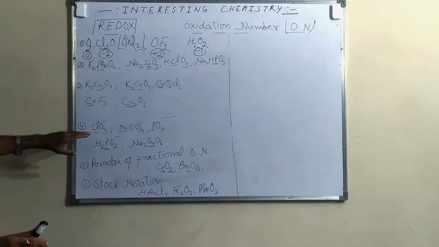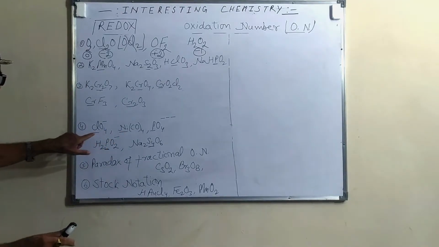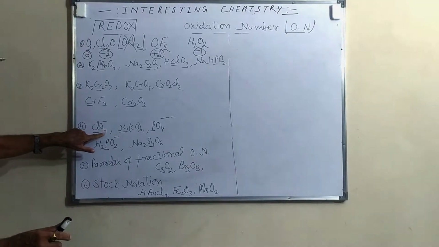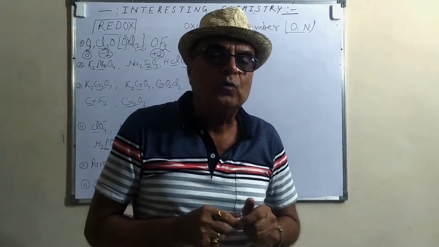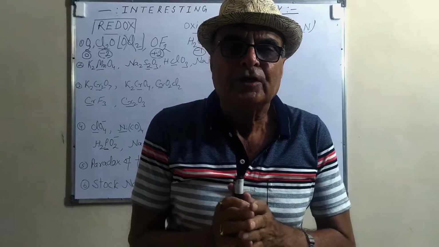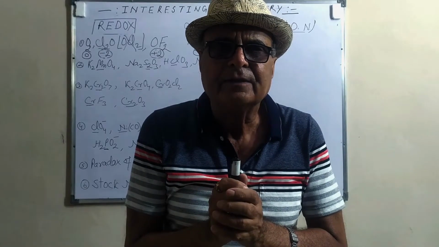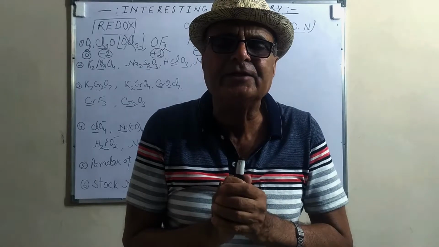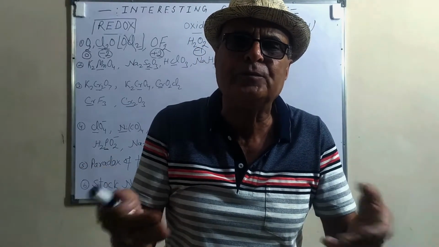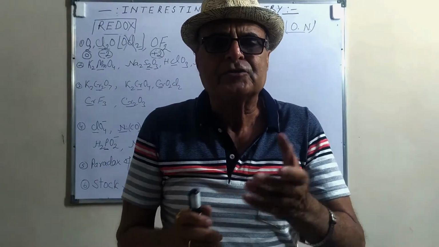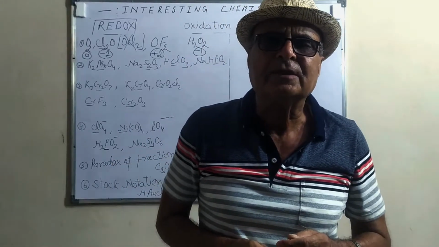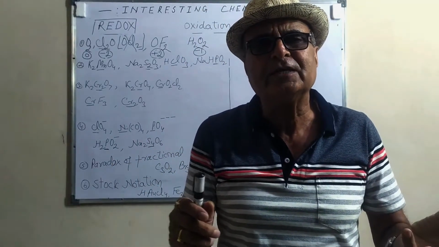Calculate the oxidation number of the underlined element here in ClO4 negative: calculate the oxidation number of chlorine. In my previous video I told you that in a monoatomic ion, the charge of the ion is the oxidation number of that ion. Suppose this is Cl minus, then the oxidation number of Cl is -1.